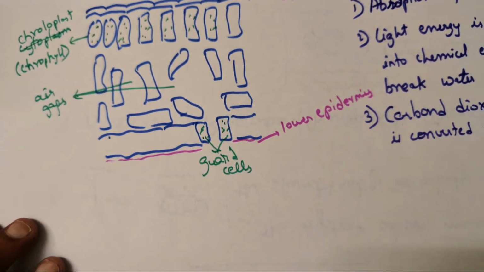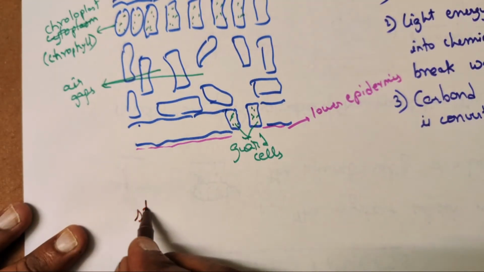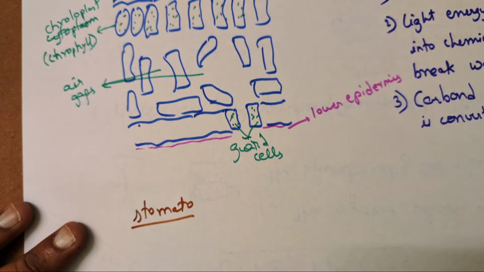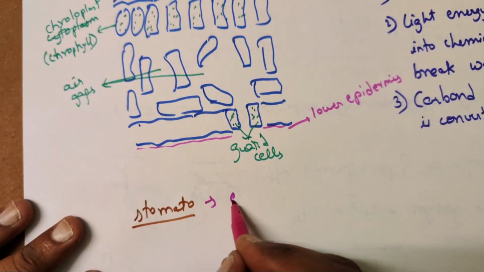Now we'll see another important part of the plant, which is the stomata. The leaves contain stomata, and the stomata are important because they are the main part where exchange of gases happens.